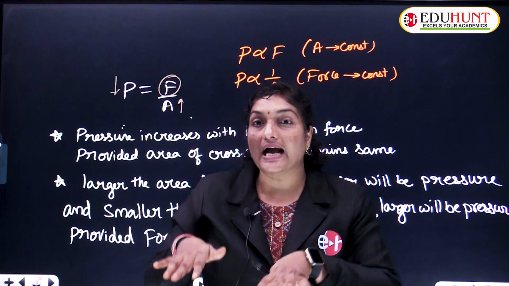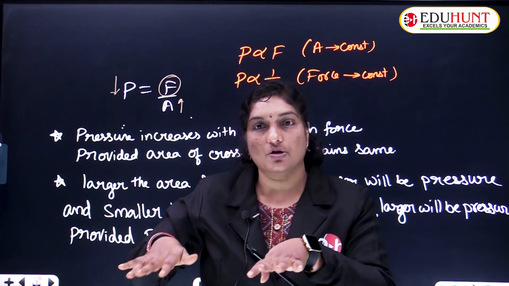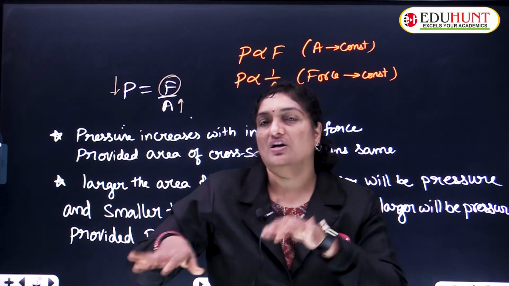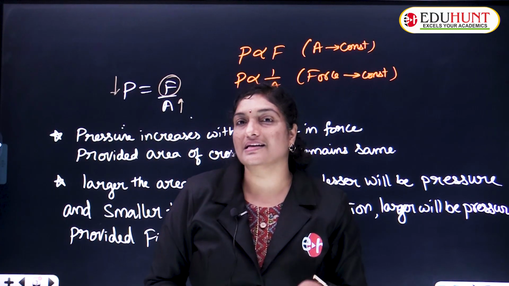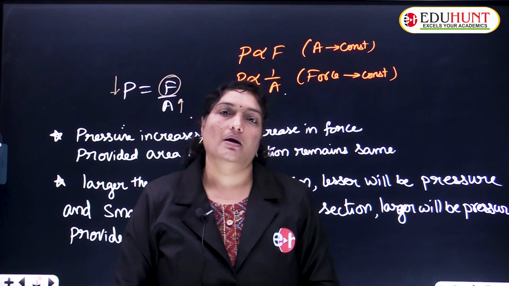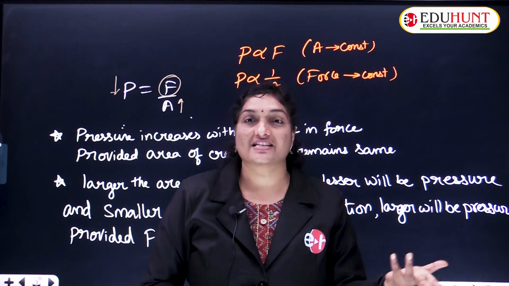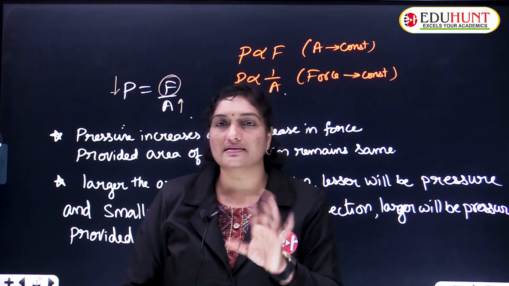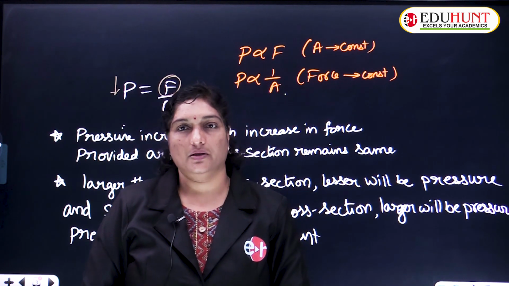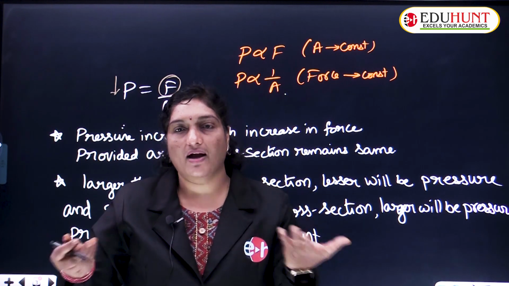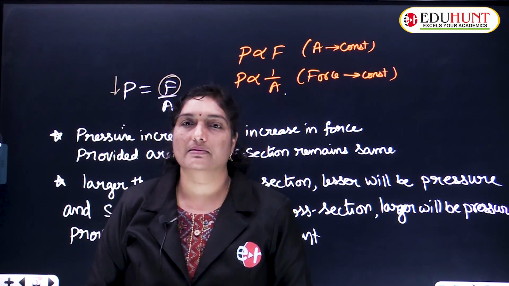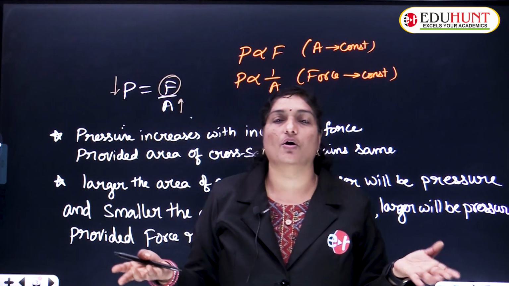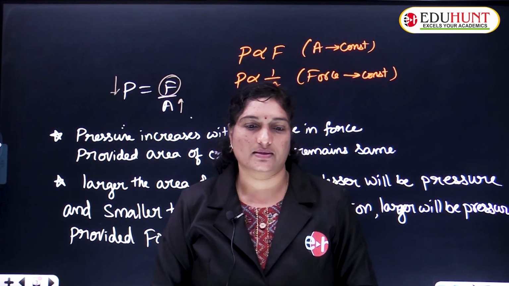Because of the large surface in contact with the snow, it exerts less pressure and the person can be carried easily. That is why skis are never provided with sledges or wheels. Because it has a widened surface and larger length, because of the increase in the area of contact, pressure will be reduced.